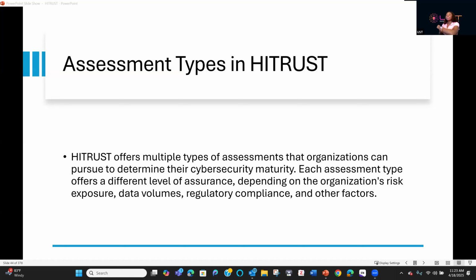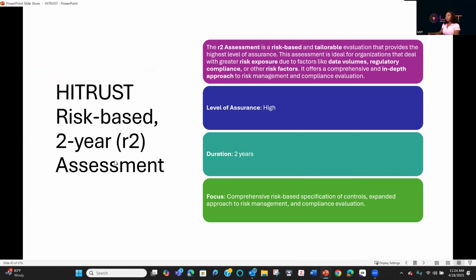And when we say maturity, we start talking about the best security practices, like how stringent your controls are, are they effective, are they operational? Each assessment type offers a different level of assurance depending on the organization's risk exposure, data volumes, regulatory compliance, and other key factors. Okay, so let's take a look.